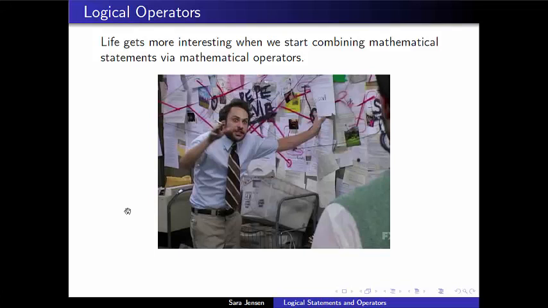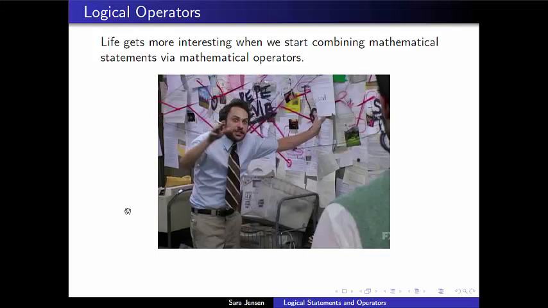In the real world, life is generally a little bit more complicated, and things are sometimes true and sometimes false. And in fact, that's what we would like to get to, is a way of taking little small individual statements that are universally true or universally false by themselves, and we'd like to start combining them in common ways with what are called mathematical operators to make more complex statements about the world that are sometimes true and sometimes false.